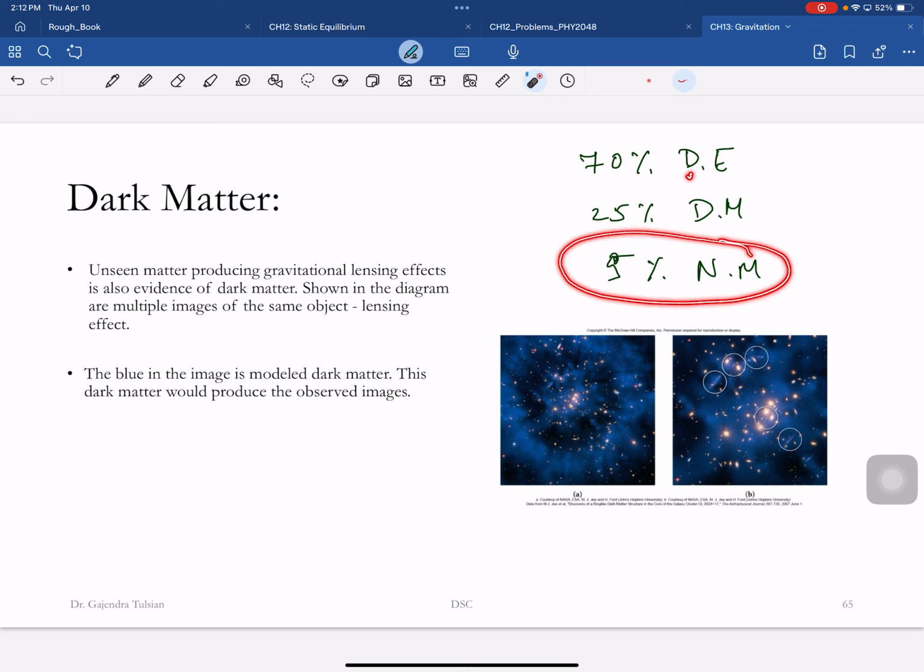Why is it called dark energy? Because we don't know its nature. We are in the dark and we're calling it dark. What is this dark matter? We don't know the nature of the matter. We are in the dark. So 95% of the universe, we don't even know what it's made of.